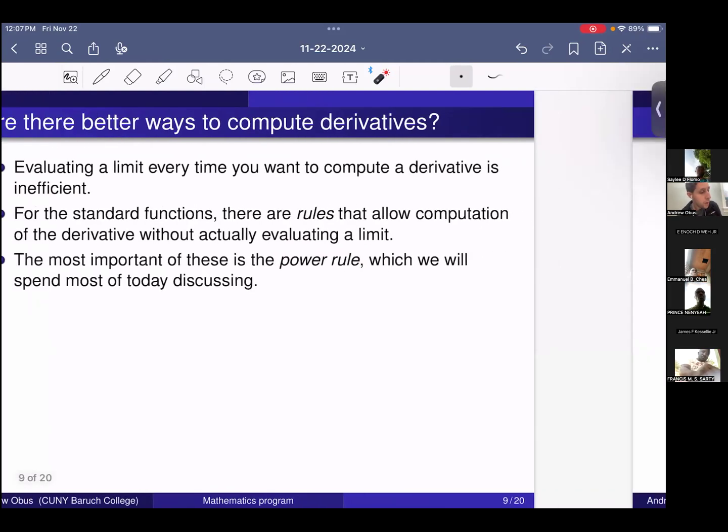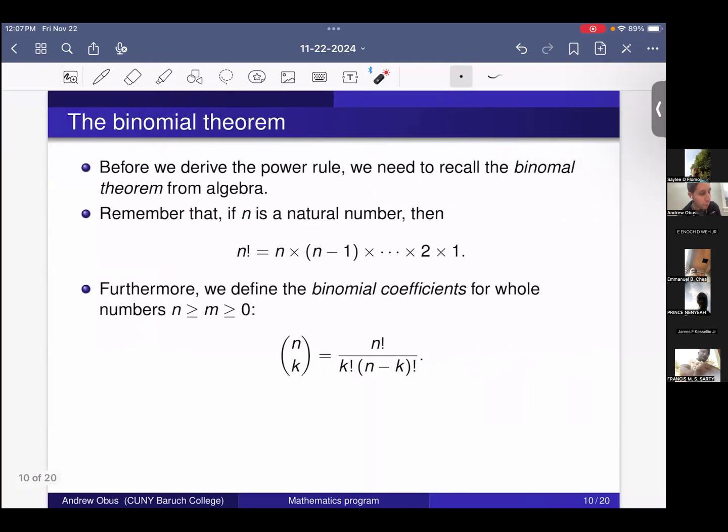Okay, so how does the power rule work? Well, before we derive the power rule, we need to do a little bit of algebra. Okay, so I need to recall what we call the binomial theorem from algebra. And for this, we need some notation. So first, if n is a natural number, we define n factorial.